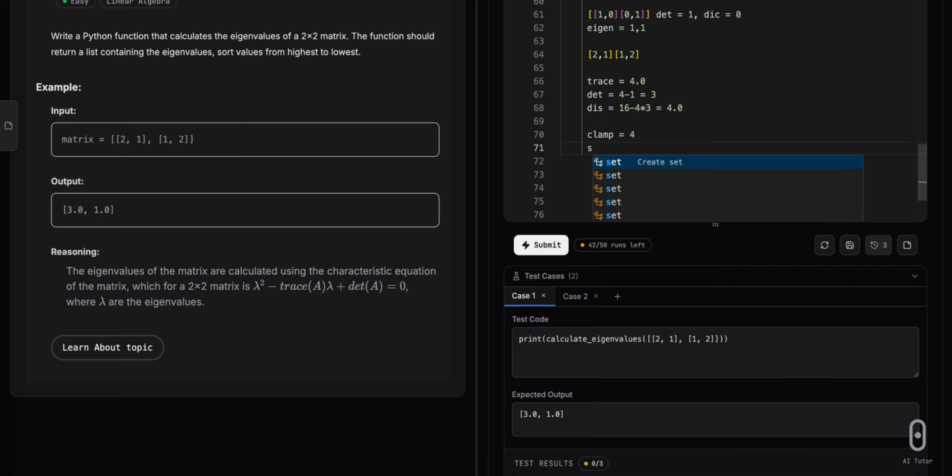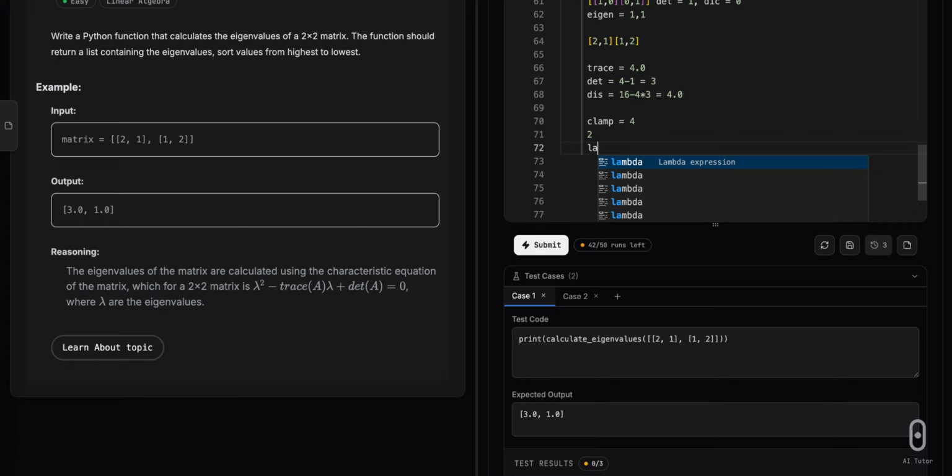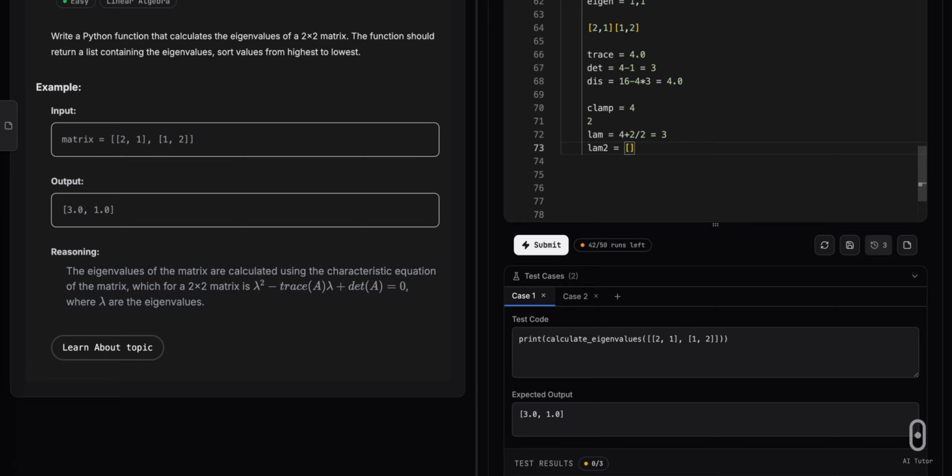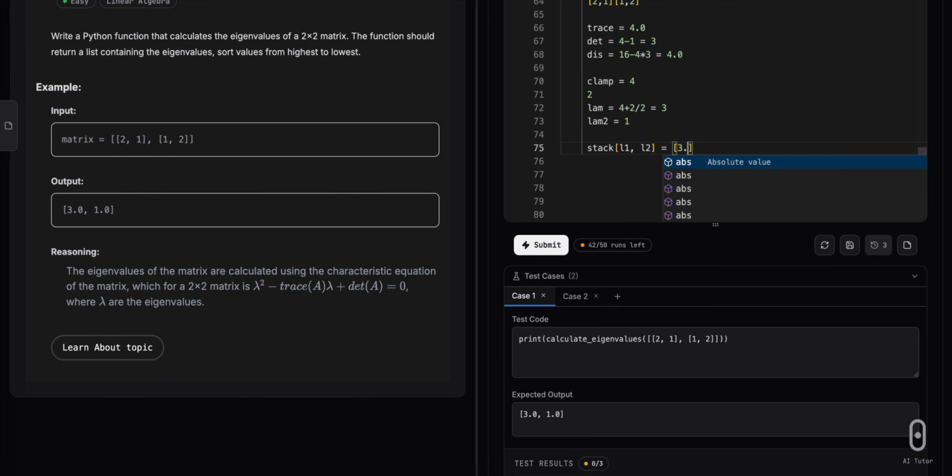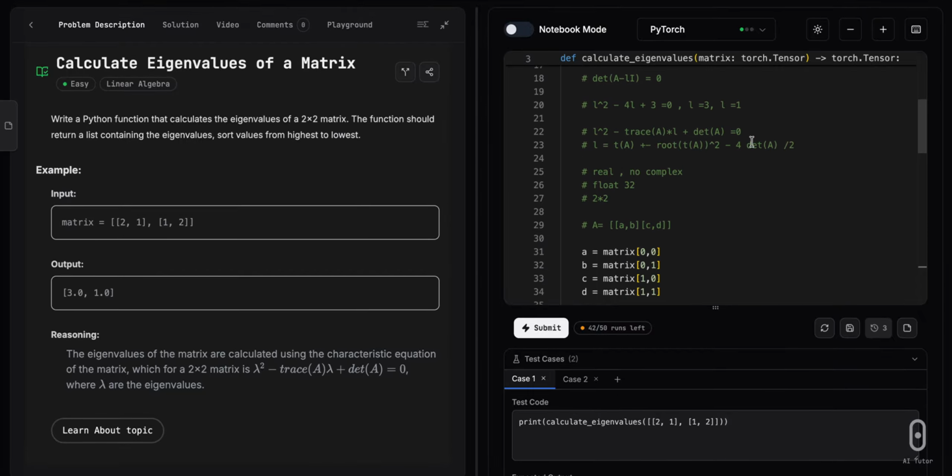Square root of 4 will be 2, so lambda 1 will be 4 plus 2 by 2, that is 6 by 2, 3, and lambda 2 will be 4 minus 2 by 2, that is 1. So now we do a stack of L1 comma L2, which will come to 3.0 comma 1.0. And yeah, I think this is what we could do.